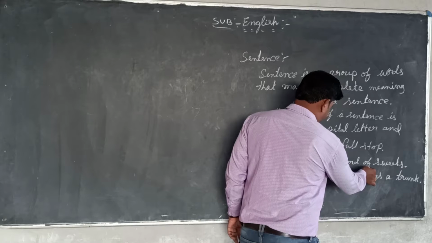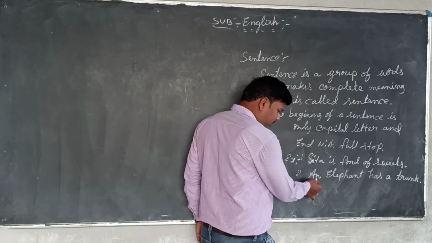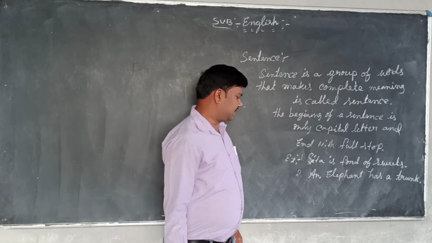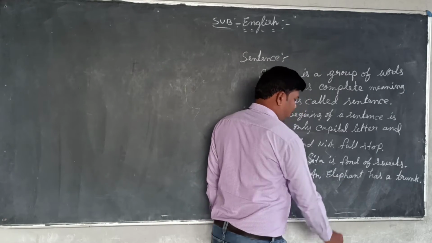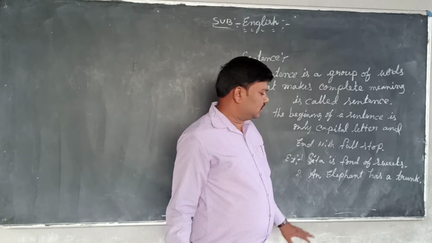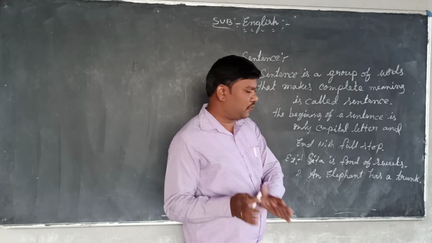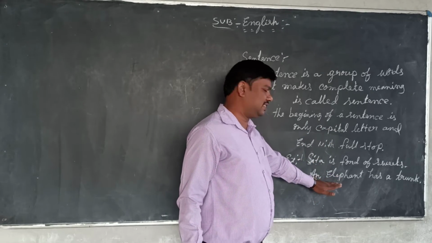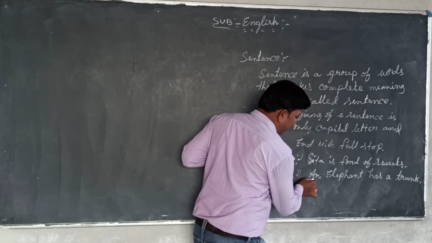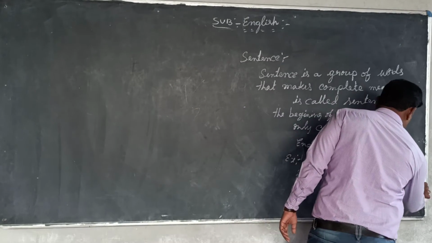And next, if you observe the second sentence, an elephant has a trunk. This is a group of words, and also this sentence conveys meaning. Those words are placed in correct order. That's why this is a sentence. And also this sentence begins with a capital letter, that is A, the first letter, and ends with a full stop.